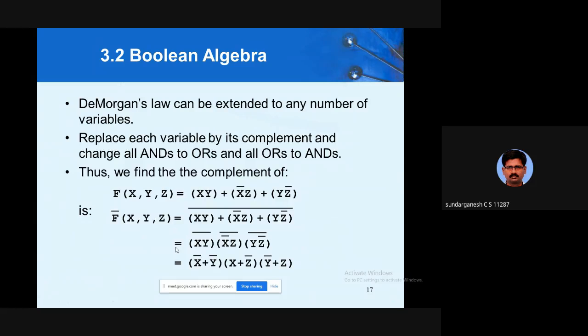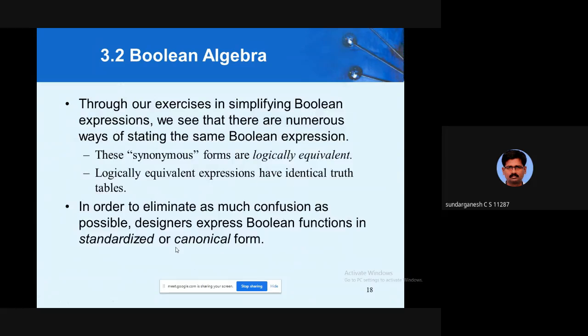Similarly, (y z bar) whole complement equal to y single complement plus z double complement, so double complement gets cancelled, so y bar plus z. From this exercise, using these laws we can simplify any Boolean expressions.